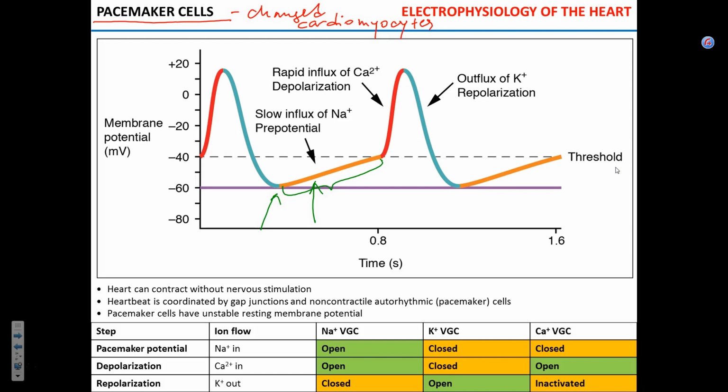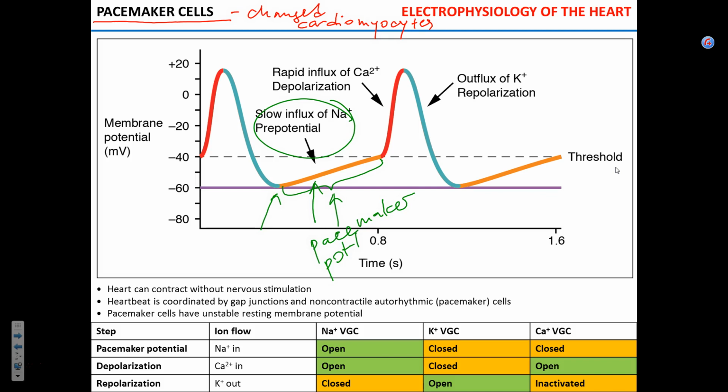Okay, but they are slow. They open, and sodium ions slowly flow into the cell, leading to depolarization. So this is the prepotential or pacemaker potential.